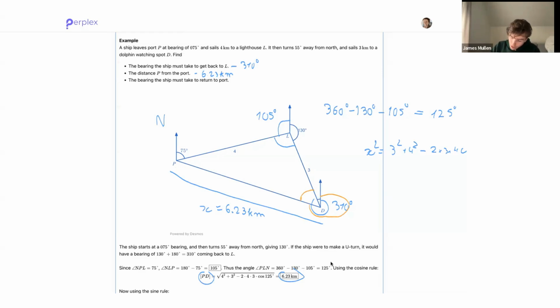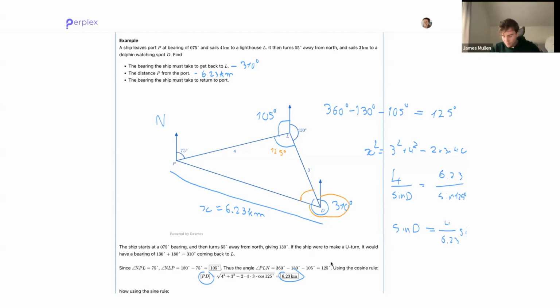And I'm going to do that using the cosine rule. Sorry, the sine rule. I know that this angle here is 125 degrees, and so I can write 4 over sine of d is equal to 6.23 over sine of 125, which means that sine of d is equal to 4 over 6.23 sine of 125.